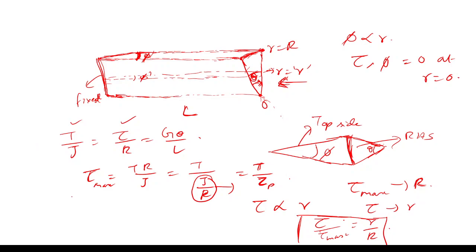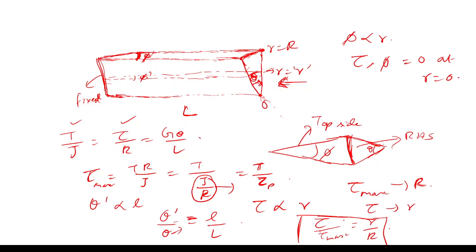Also, theta dash is directly proportional to L, so theta dash divided by theta, where theta is the angle of twist at the free end and theta dash is the angle of twist at any length, equals L by capital L.